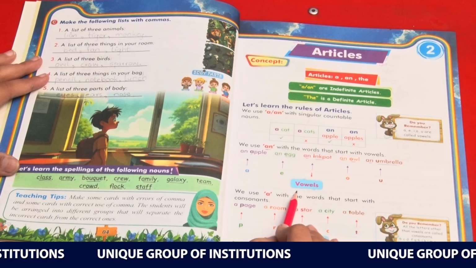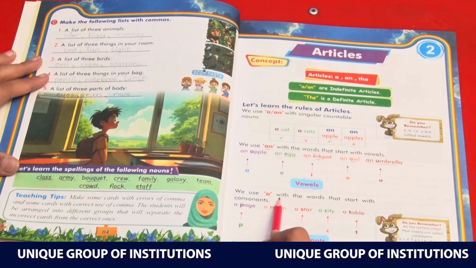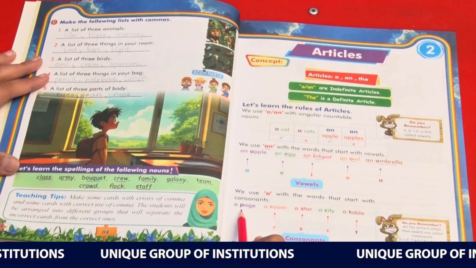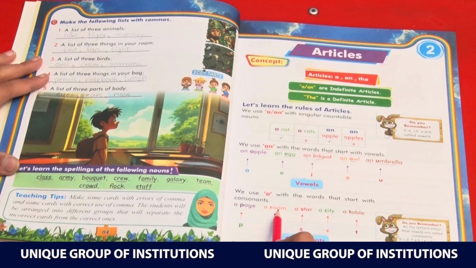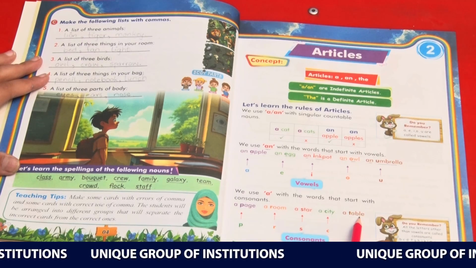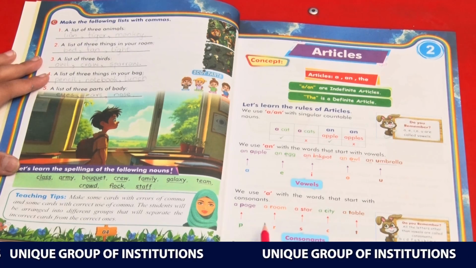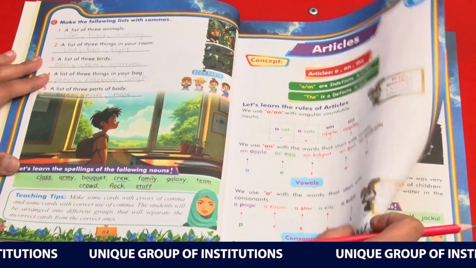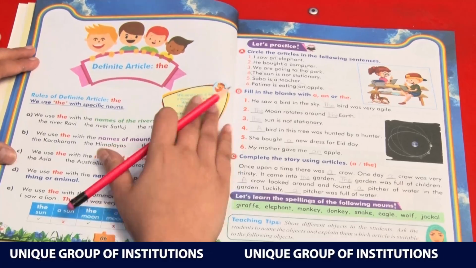These are vowels. We use a with a word that starts with a consonant, like a page, a room, a star, a city, a country. These all are consonants. Let's move to the next page.